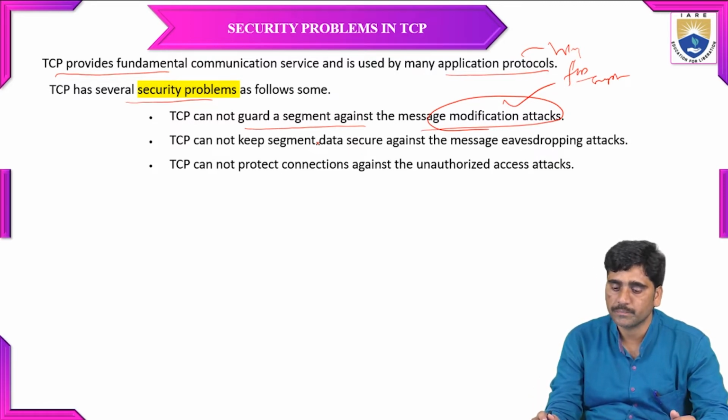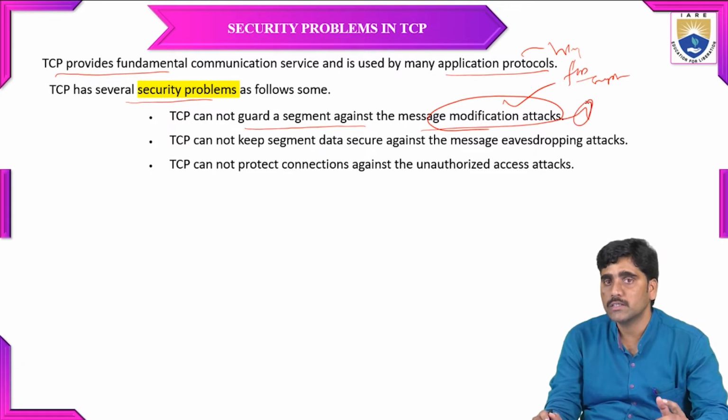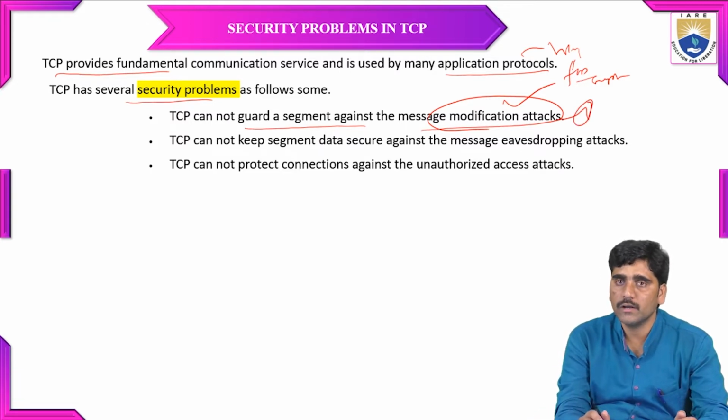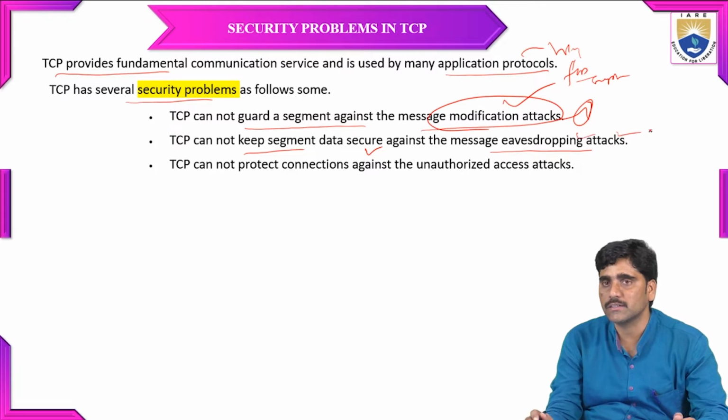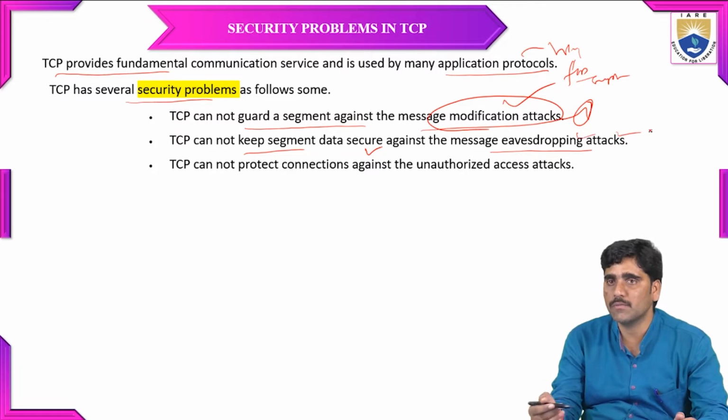This is the first problem in TCP security. The second one: TCP cannot keep segment data secure against message eavesdropping attacks. Whenever message modification occurs with the help of attacks, message eavesdropping attacks will automatically be there.